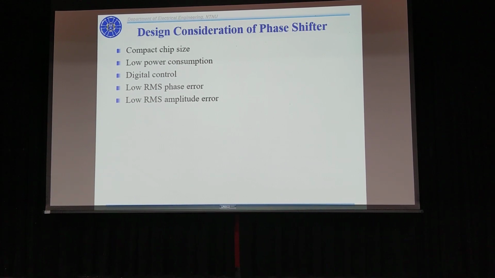Because the phase shifter's back-end components are amplifiers, we need to design a low power consumption phase shifter to decrease the power consumption of the phased array as much as possible. To avoid increasing the complexity of the control system, we need a digital control phase shifter to help us simplify the control system.